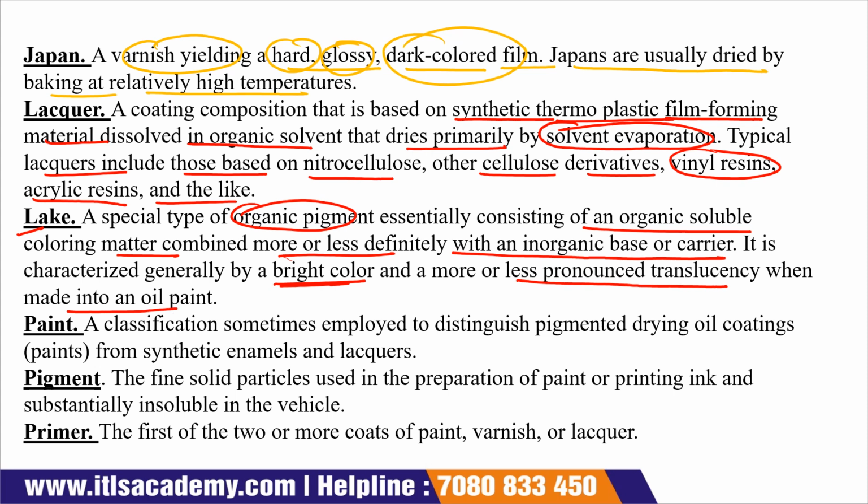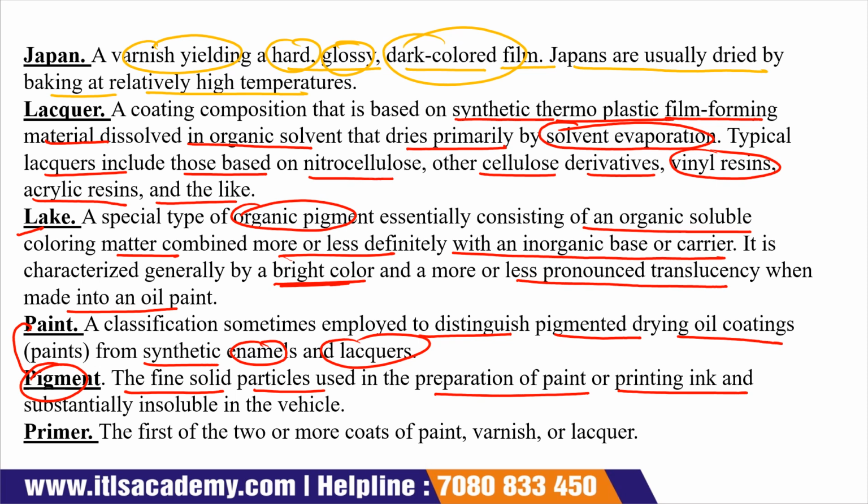Paint is a classification sometimes employed to distinguish pigmented drying oil coatings from synthetic enamels and lacquers. Pigment: the fine solid particles which are used in the preparation of paint or printing ink, and which are substantially insoluble in the vehicle.